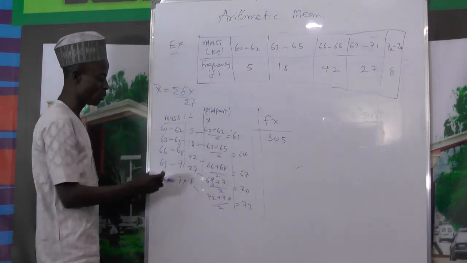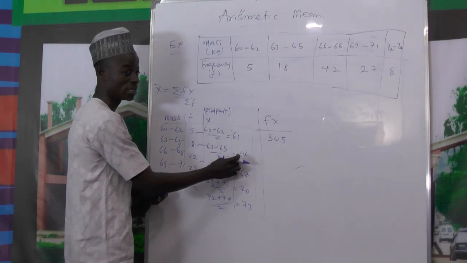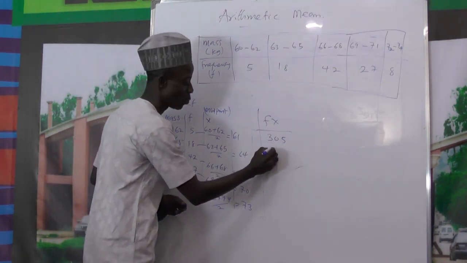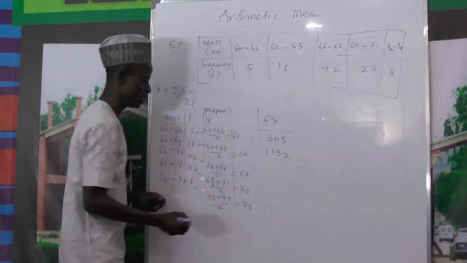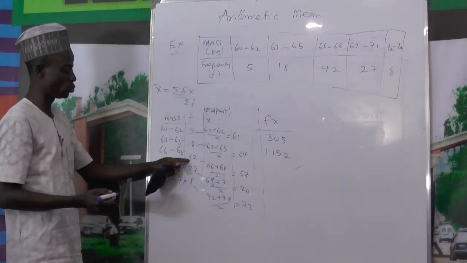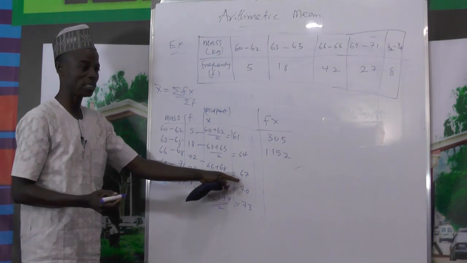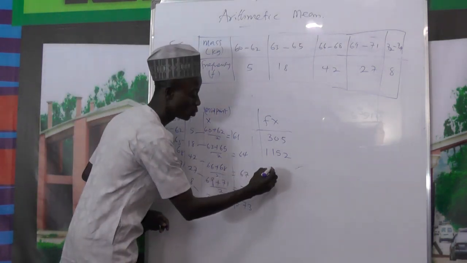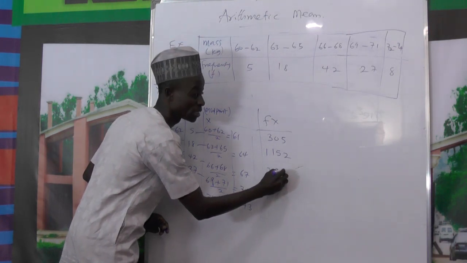So the next one will be 18 multiplied by 64, which will give us 1152. The next one will be 42 multiplied by 67, which will give us 2814.